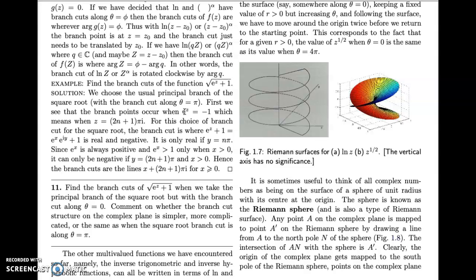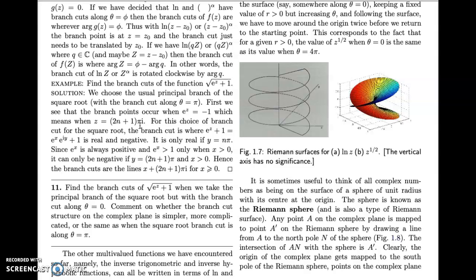You might remember that e to the i pi is equal to minus 1, and we can always add 2n pi i to the thing inside the e and get the same result. So z equals (2n plus 1) pi i are the places where we get branch points. So we have an infinite number of branch points. These values are along the imaginary axis, spaced 2 pi apart.